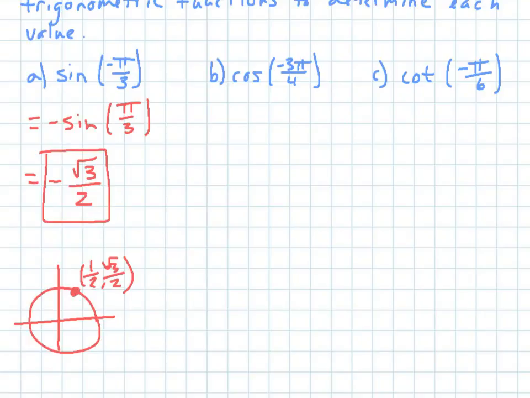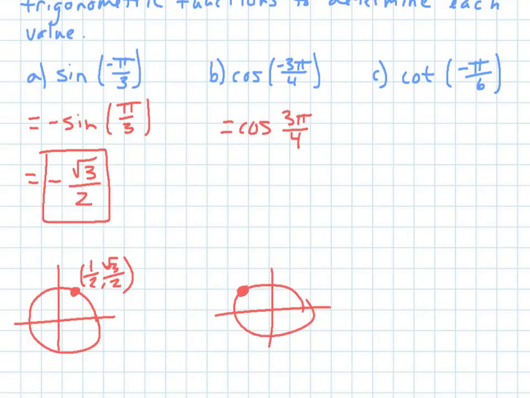Okay, letter B. So cosine of negative 3 pi over 4 is the same thing as cosine of 3 pi over 4. So we can drop the negative because it's an even function. So now, if I look at my unit circle, 3 pi over 4 lands over here in the second quadrant.